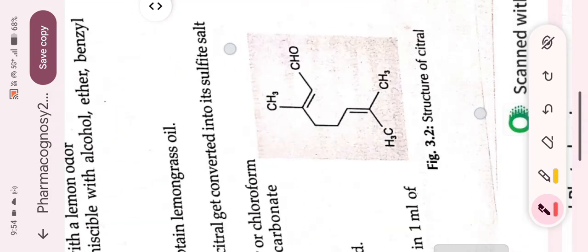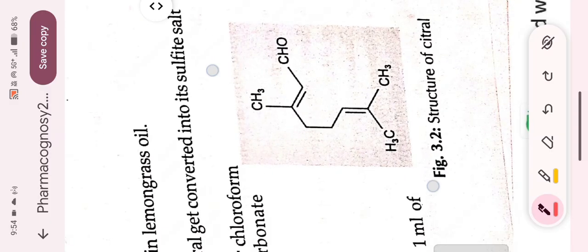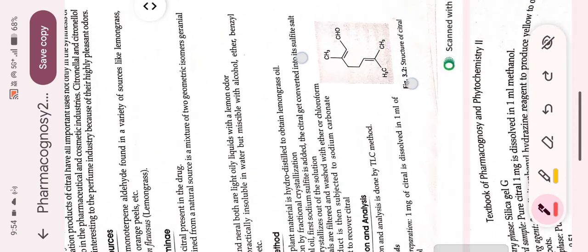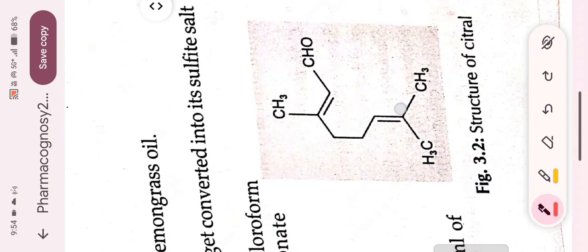We'll move to citral. Citral is also a monoterpene, right? Yes, monoterpene. This is 2, 1, 3, 4, and this is 5. This is one structure and that is one structure.